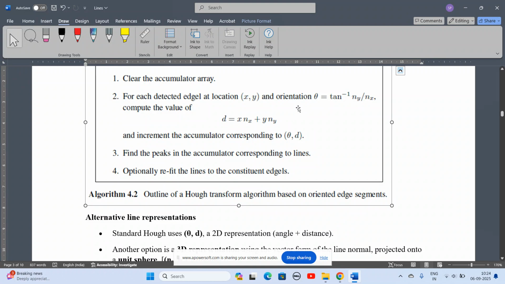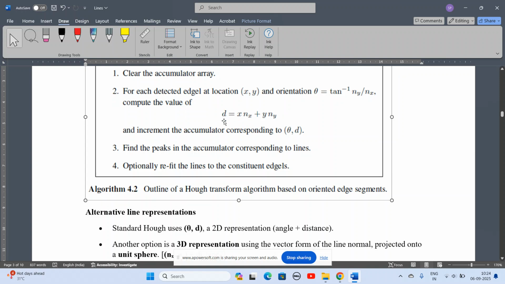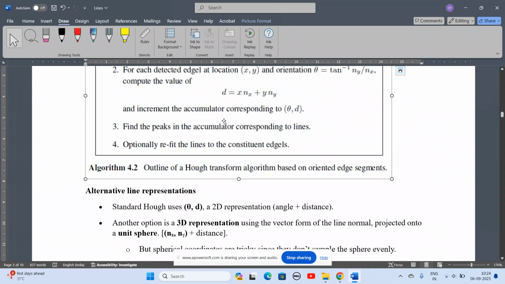If you are aware of the orientation, which means in which direction it is passing through, I can take theta as tan inverse of ny by nx, where ny and nx are edge normals. So the equation will change to x nx plus y ny. We have taken rho, represented as d, which is nothing but the distance between the point and the edge, and we increment the accumulator corresponding to theta and d.